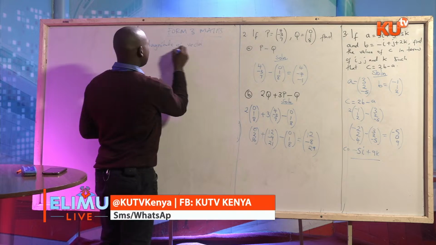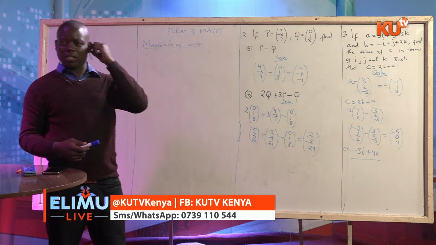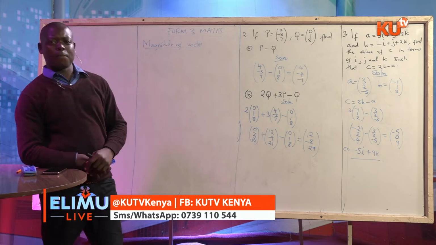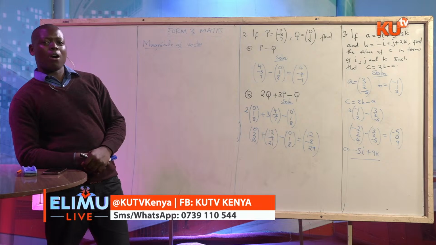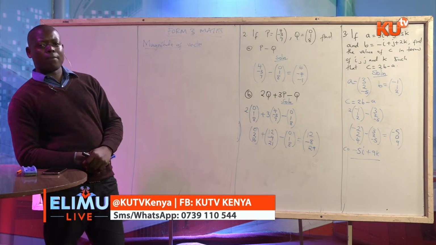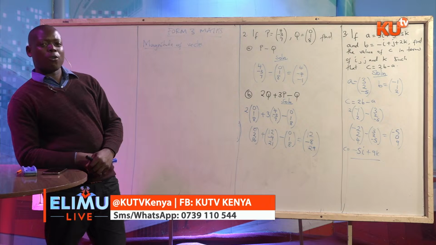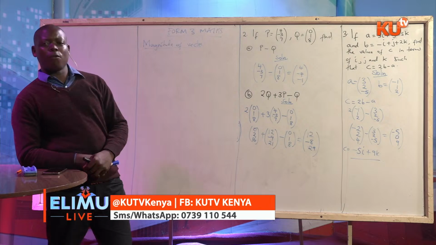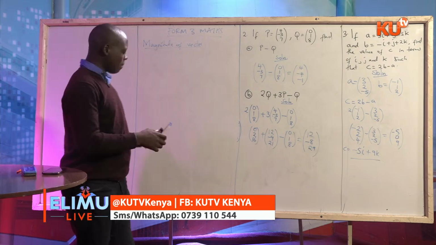Since this concept was covered in your Form 2 mathematics, students, under vectors 1, you must have looked at the magnitude of a vector. It is also important to remember that in vectors 1, you were introduced to terms that can be used instead of magnitude.